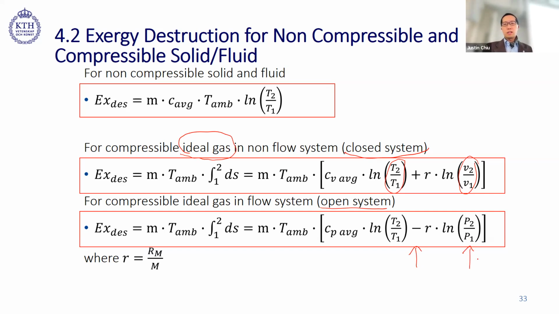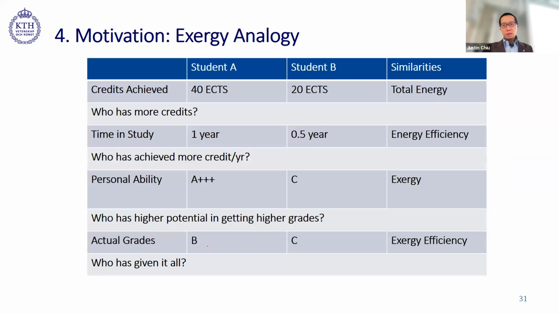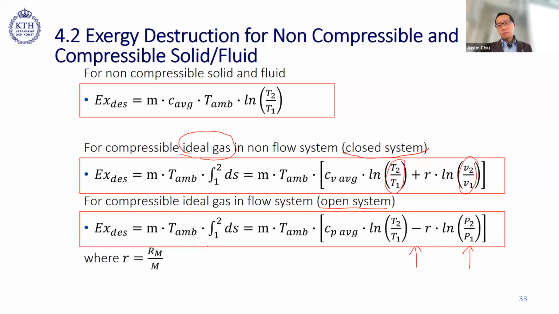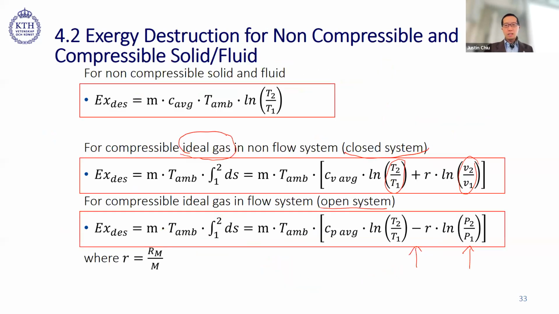And for an open system, very often to remember it, we have to know that it's the H. So H is linked to pressure. And very often when we talk about the closed system, it's internal energy, and that is very often linked to the volume change.